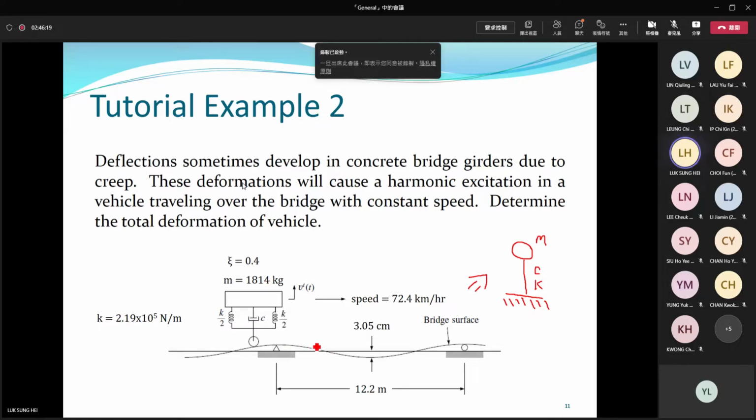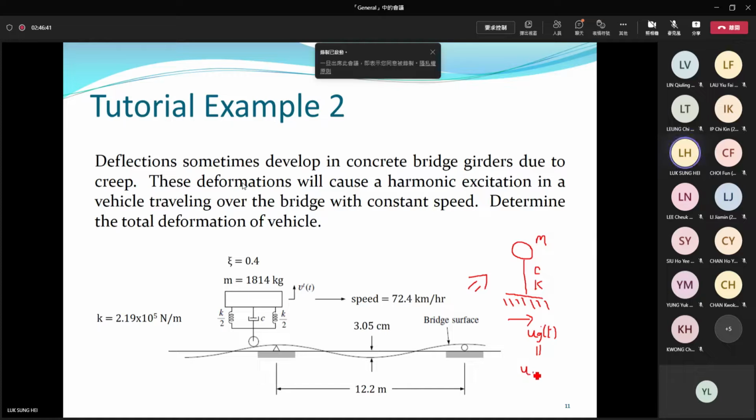You can swap these two motions. You can keep the car fixed but the ground moving. You can assume that the ground is now able to move, to shake, using a sine function. For the ground shaking, I use UG: G means ground, U means displacement.